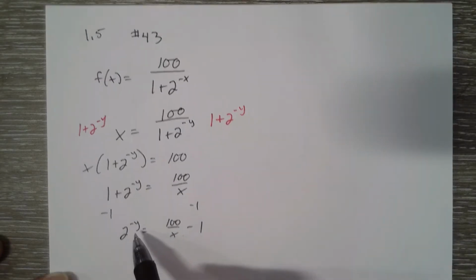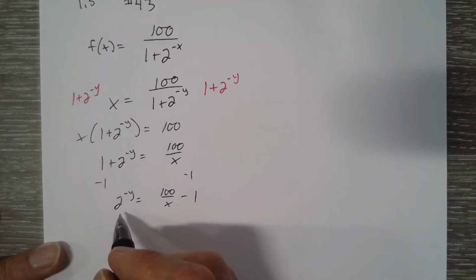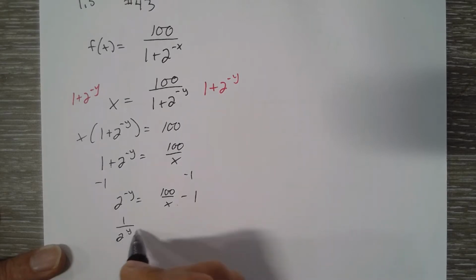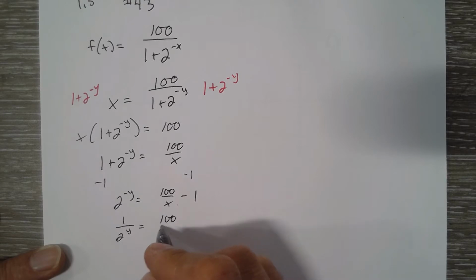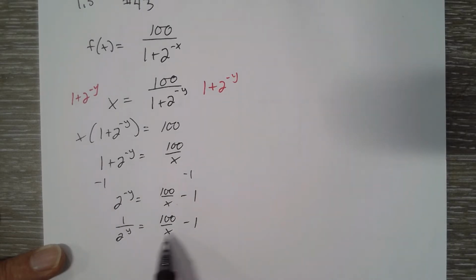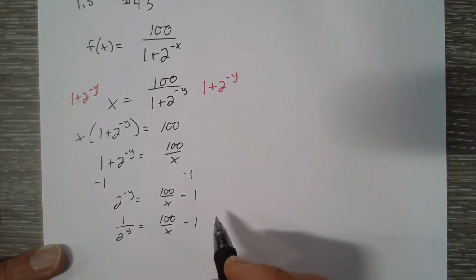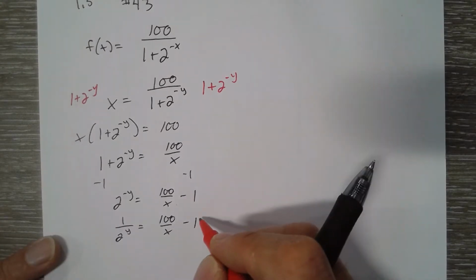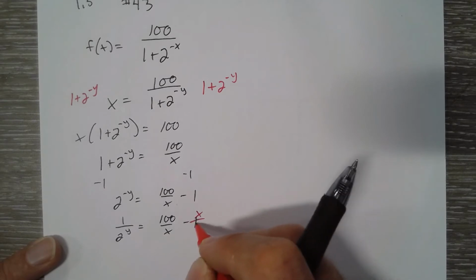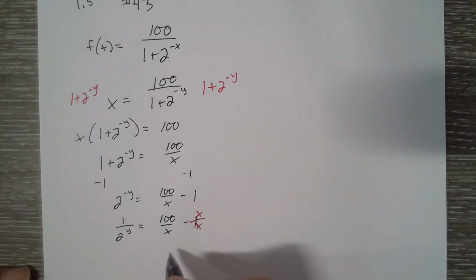Alright, so 2 to the negative y is actually 1 over 2 to the y. And I think it's going to make sense to combine these first. So 100 over x minus x over x. Now they have a common denominator.